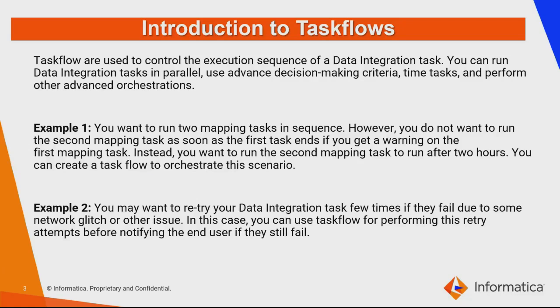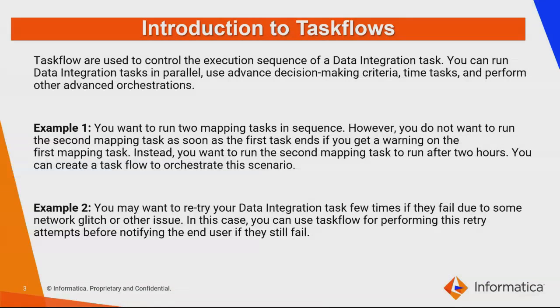You can run data integration tasks in parallel, use advanced data masking criteria, time tasks, and perform other advanced orchestration using Taskflow. One example use case would be you may want to run two mapping tasks in sequence, however run the second task only if the first one fails and after 2 hours.